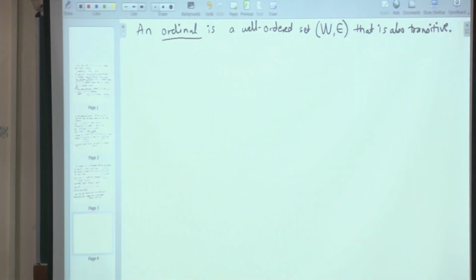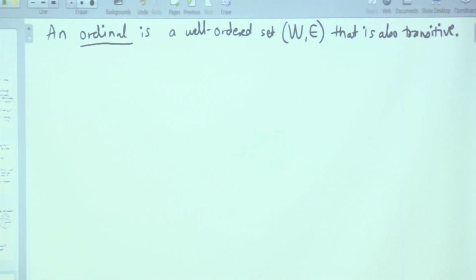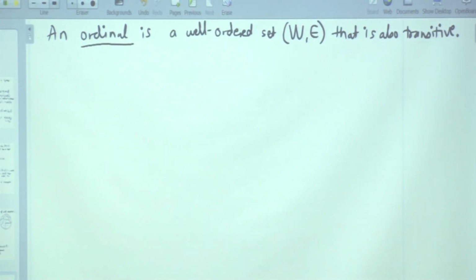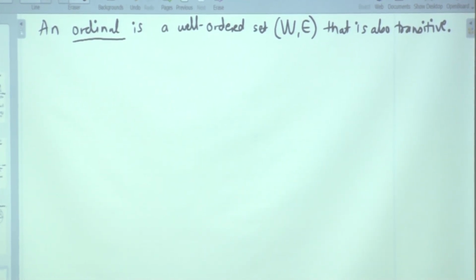Now this is the real definition of an ordinal. It is a well ordered set that is also transitive. So do you know any ordinal numbers?